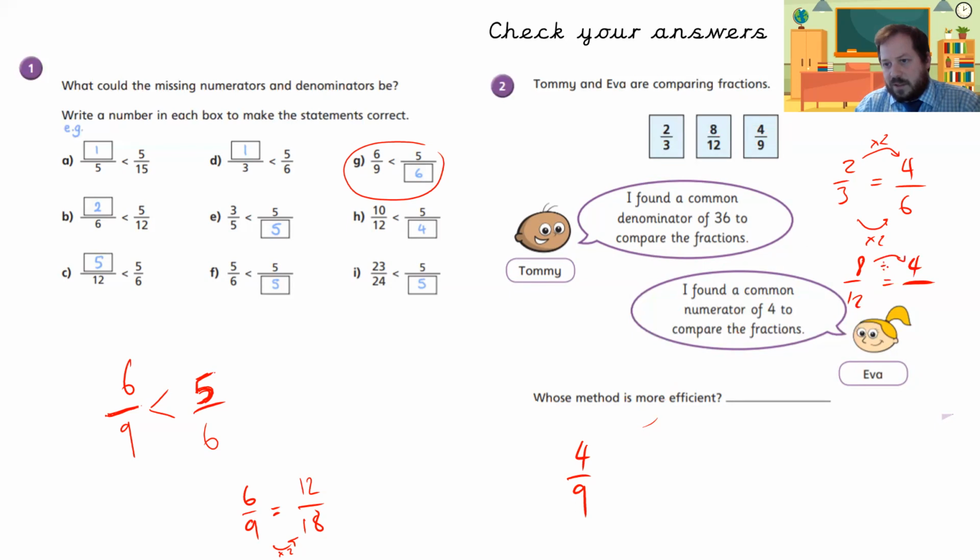Well, I've divided by 2. So I've got to divide the bottom by 2, which is 6. So I've got 2 that are 4/6 and 1 that's 4/9. Well, 4/9 is smaller, so you know that this is easier. You only have to do 2 calculations with this one, whereas with Tommy's method, you'd have to do 3. So Ava's is quicker.